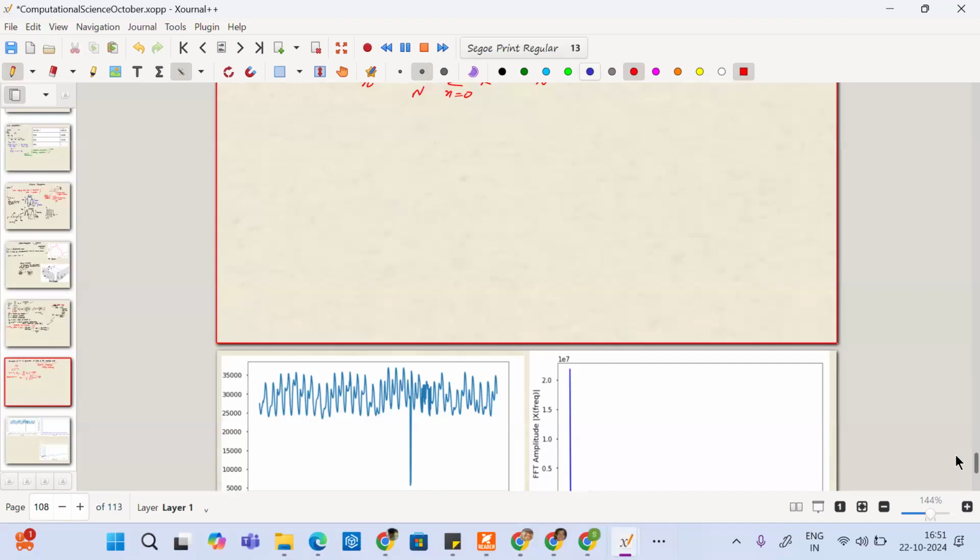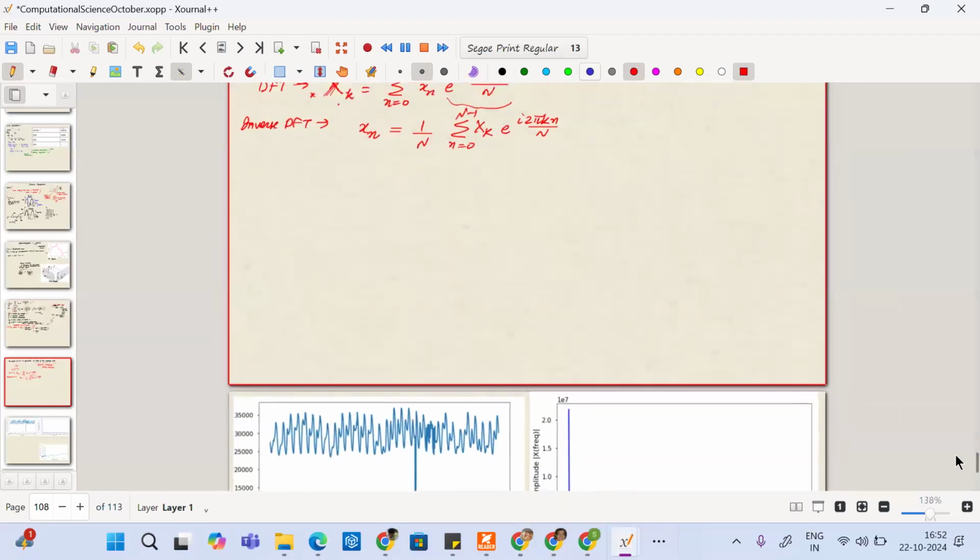There is nothing like computing FFT. FFT, fast Fourier transform, computes discrete Fourier transform in an efficient way. FFT is another way of computing DFT. You are getting it?